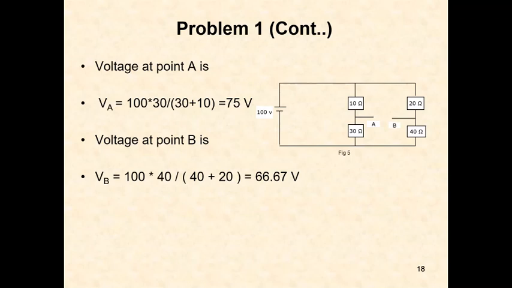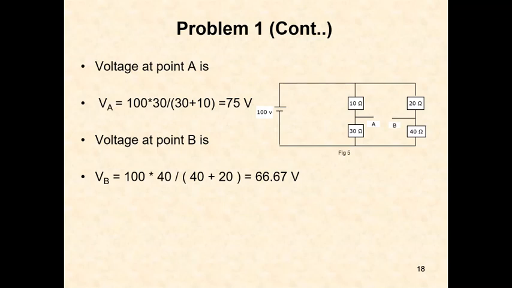So the voltage across 30 ohms, that is VA, is equal to 100 volts into 30 divided by 30 plus 10, that is 75 volts. Similarly, 100 volts into 40 divided by 40 plus 20, that is 66.67 volts.